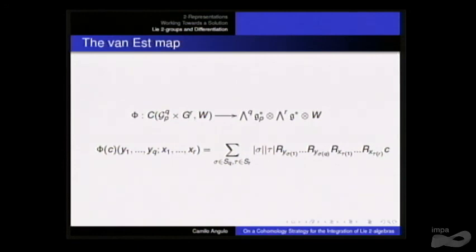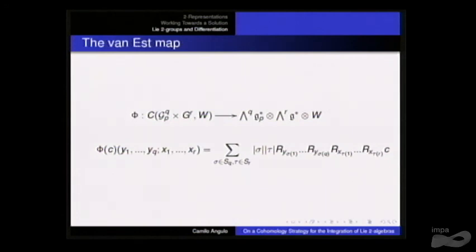And then if you look at the natural map that takes one of these extensions of Lie 2-groups and gives you an extension of Lie 2-algebras, then you're bound to call this thing a Van Est map. And this map is built out of doing the antisymmetrization in separate coordinates for the nerve part of the groupoid and this core that is appearing everywhere.